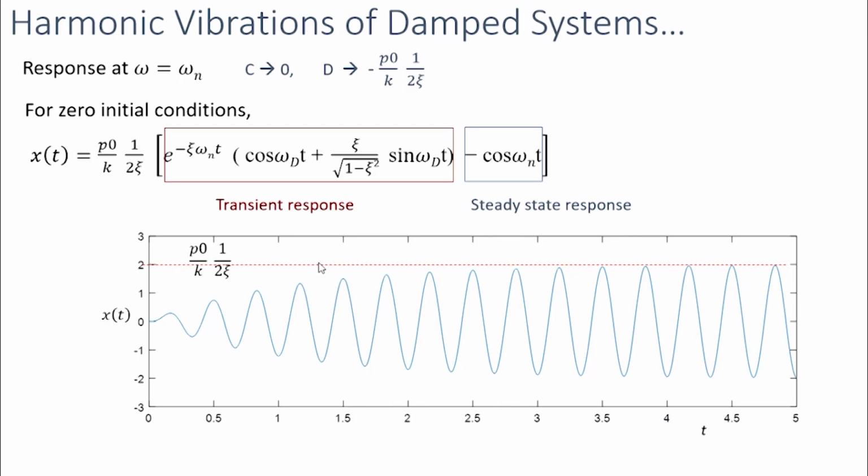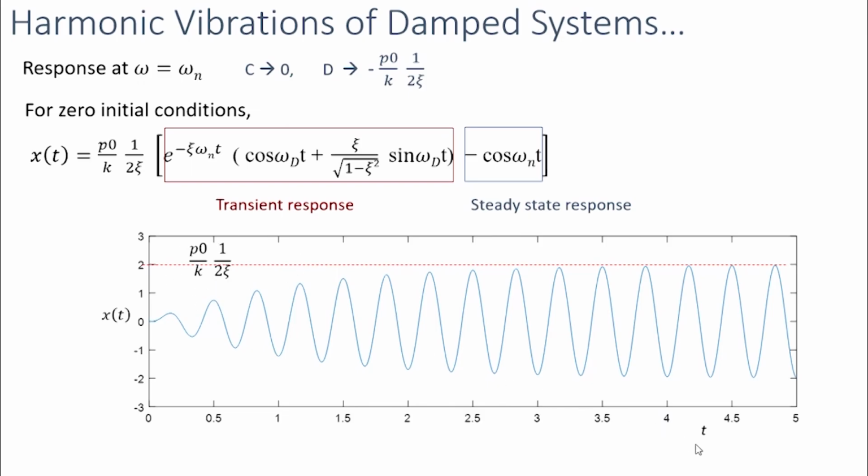So now you would be able to appreciate the effect of damping in systems. In undamped system, we have seen that at omega is equal to omega n, the response increases after each cycle. So as the time goes by, the response keeps on increasing. But damping makes that response bounded, and it makes it bounded to this value.